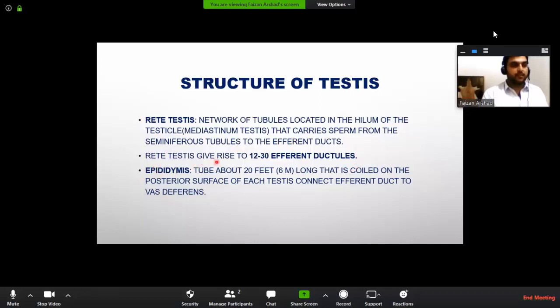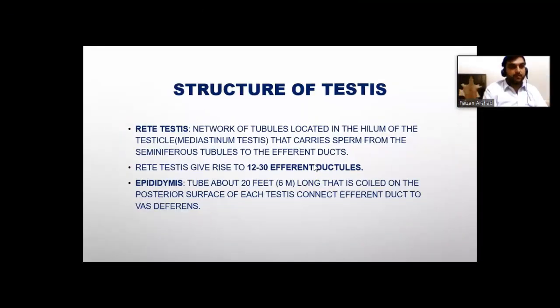Rete testis gives rise to 12 to 30 efferent duct tubes, then the epididymis, a tube about 20 feet, which is 6 meters long, lying on the posterior surface of each testis, connecting the efferent ducts to the vas deferens.